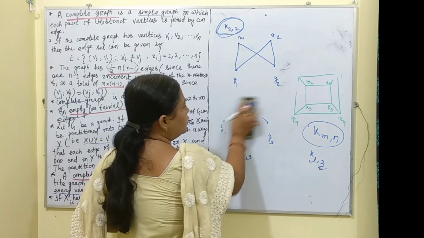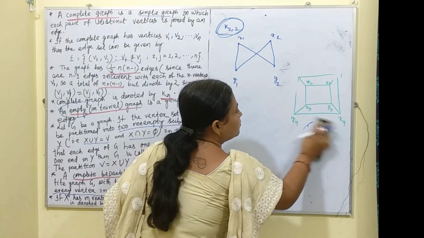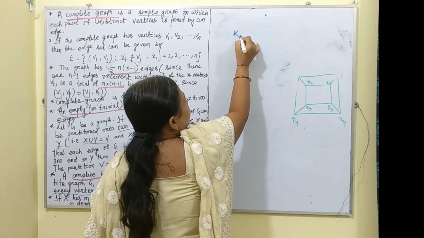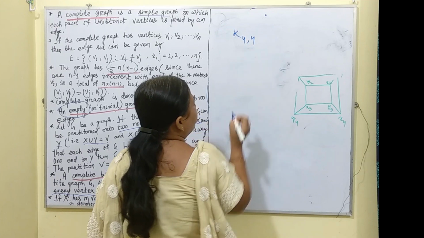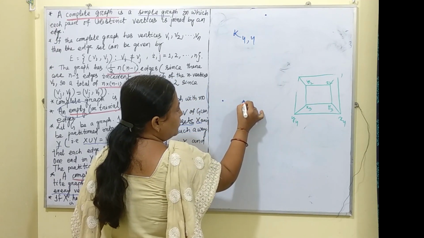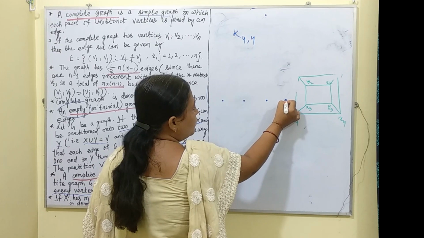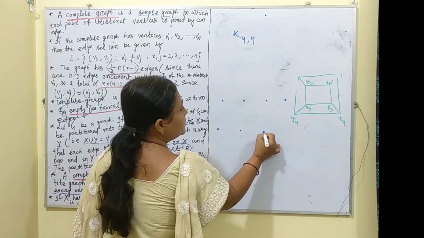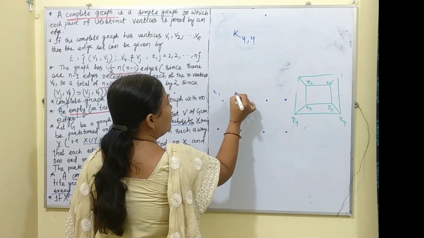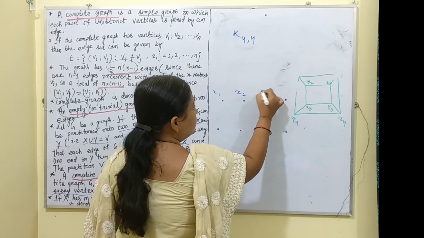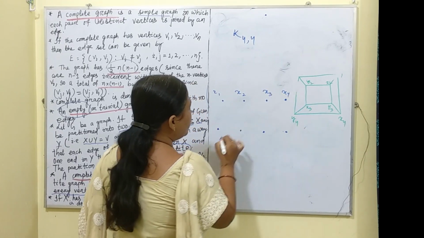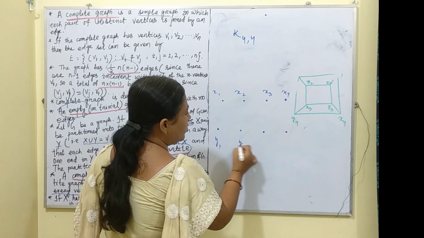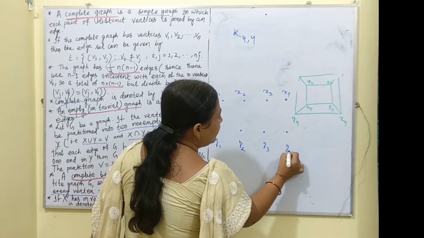Similarly we can draw K4,4. There are 4 vertices in the X set and 4 vertices in the Y set. We name the vertices of X as x1, x2, x3, x4, and in the Y set y1, y2, y3, y4.